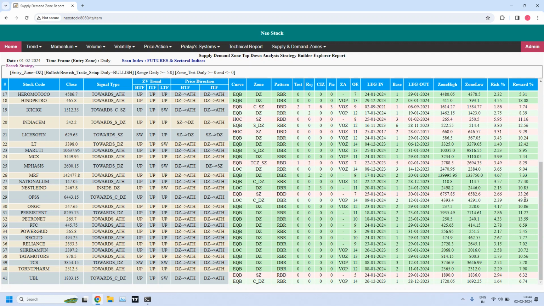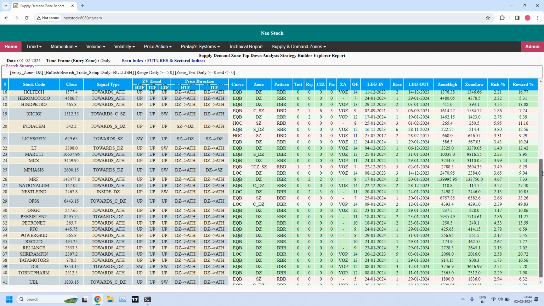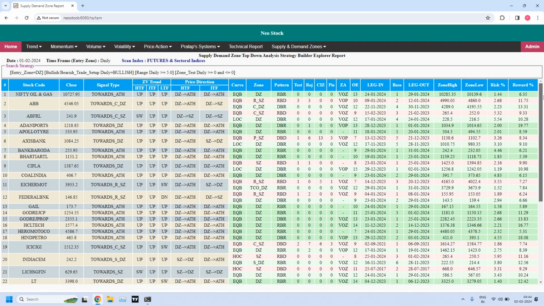So that way we would have got a good big reward. But all these things are ideal cases, 9%, 7%, 8%. They are all ideal scenarios. So all these stocks are having good reward. That means we will be having good RR also in these stocks. Definitely we have very good RR in the majority of these stocks.